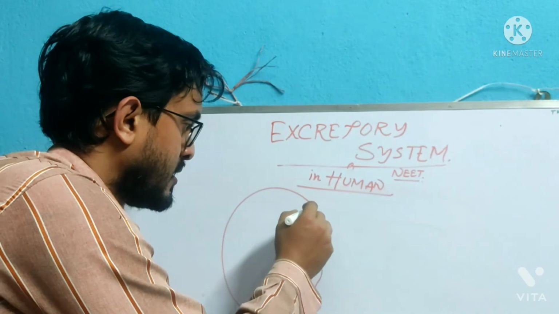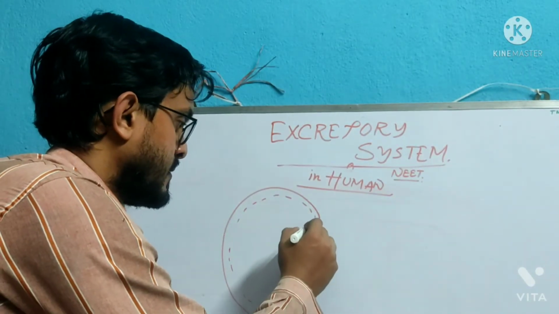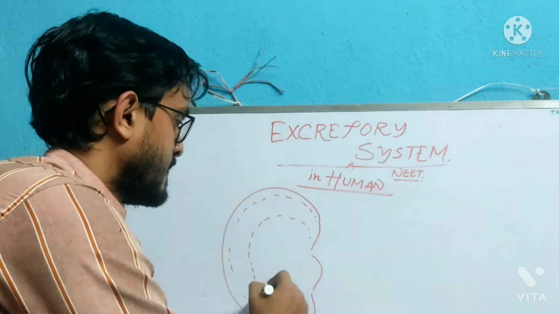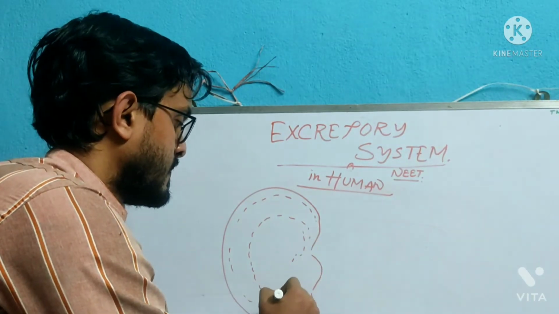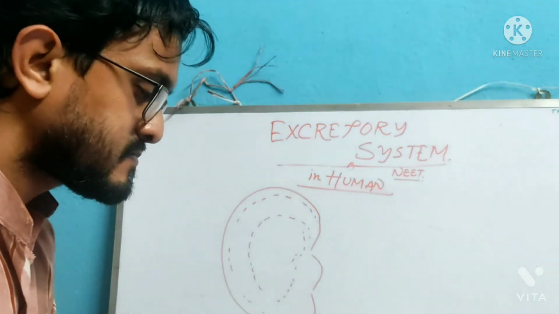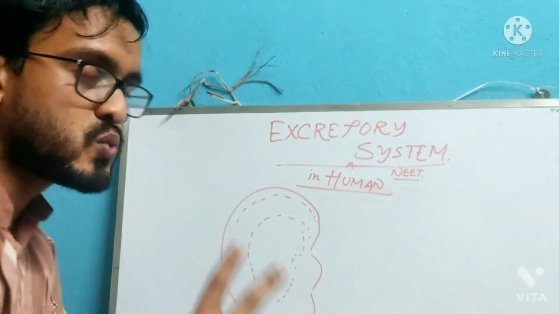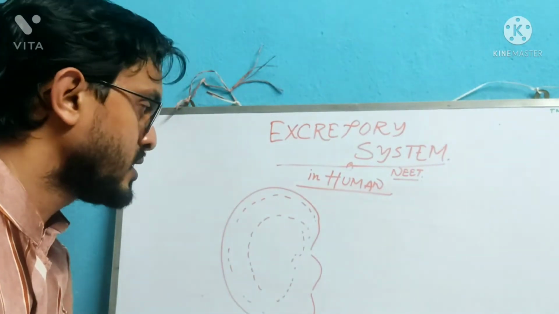It has an outer covering. There are two kidneys in our body.